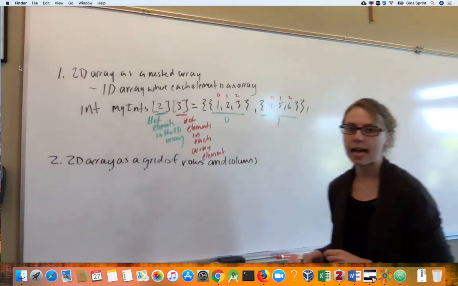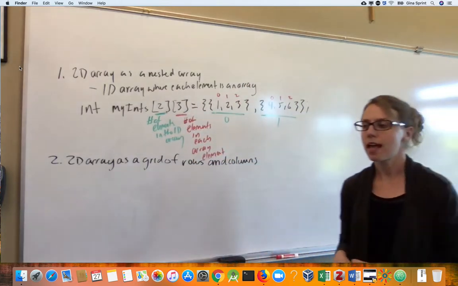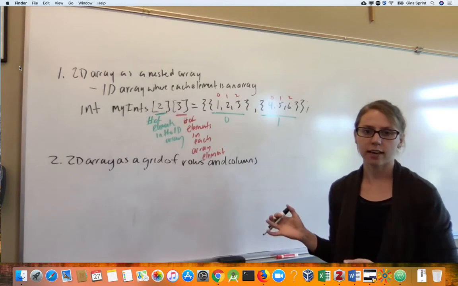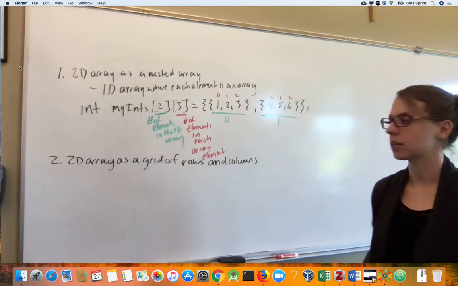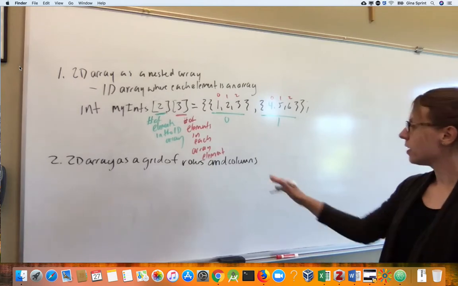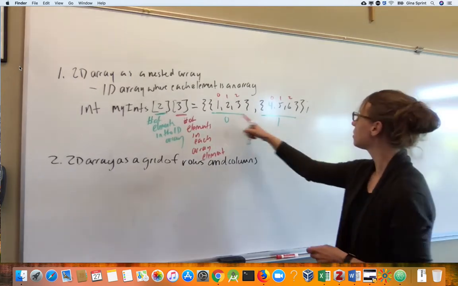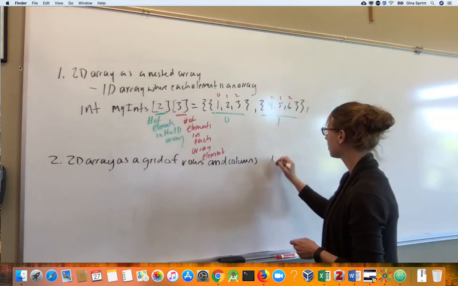A 2D array as a grid of rows and columns. And you can think about that Excel sheet that I just showed you as a good application of a grid of rows and columns. When you think about it this way, this array visually looks like this.